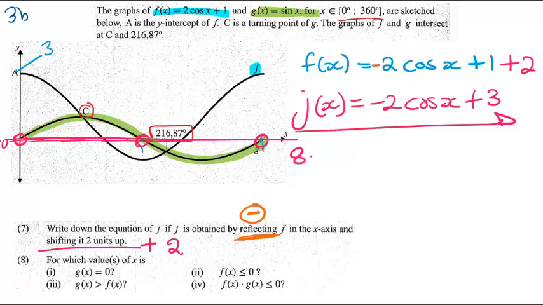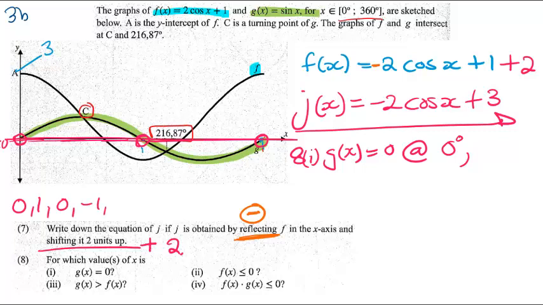So question 8i, we would say g of x equals 0 at 0 degrees. If you look at your pattern, remember your pattern for g of x is sine. So our pattern for sine is 0, 1, 0, -1, 0.